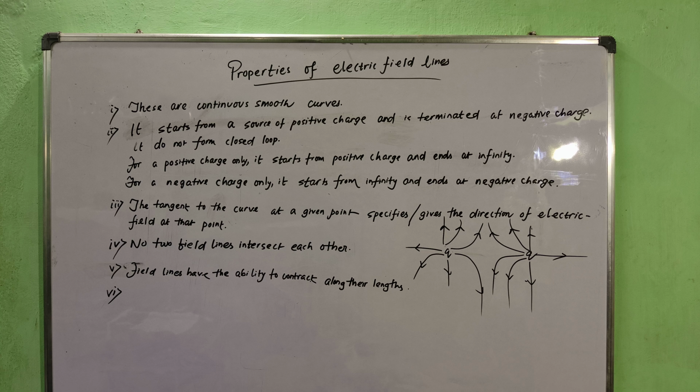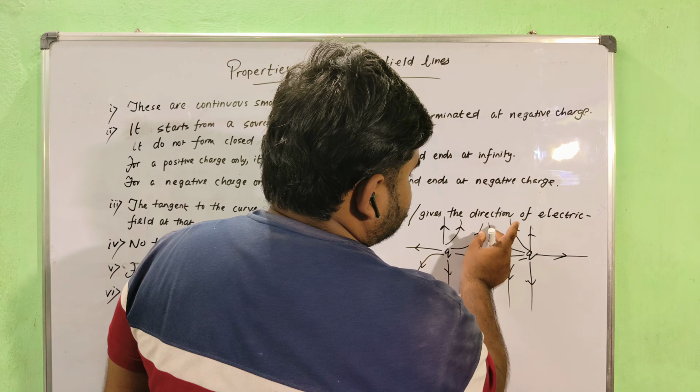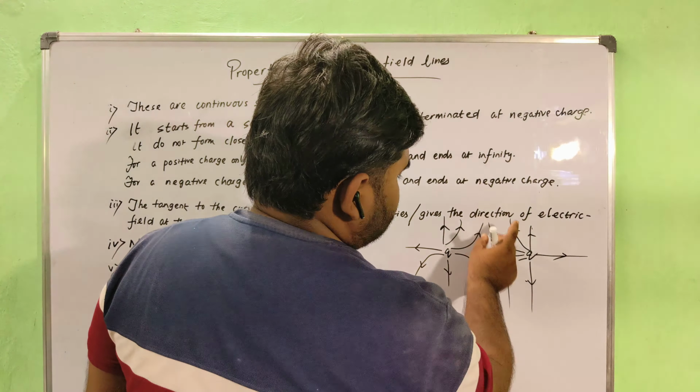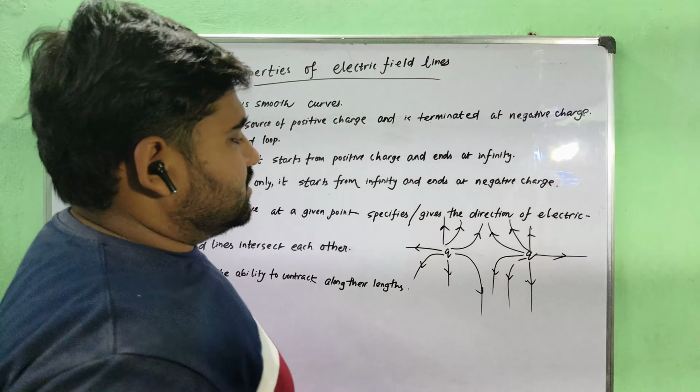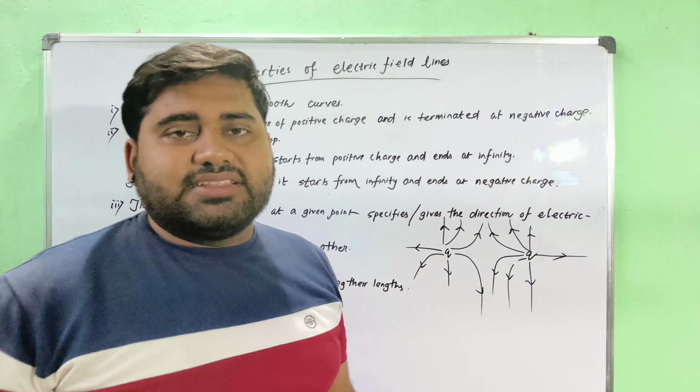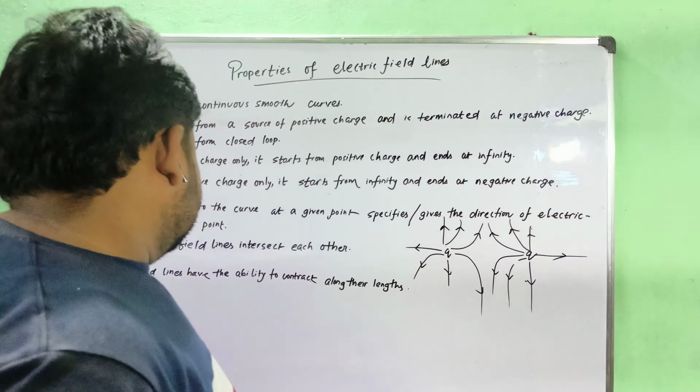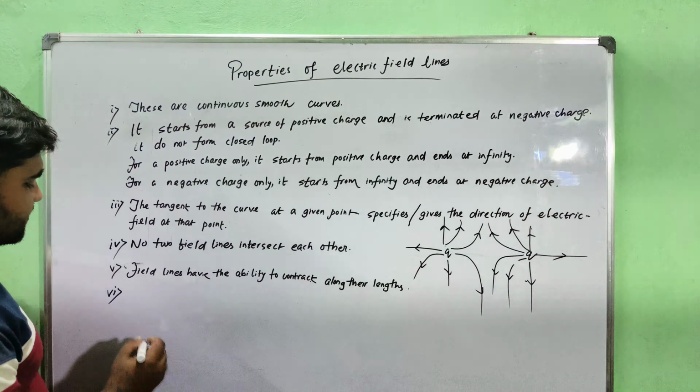If we bring this closer to this, they will expand laterally, or if we keep it that way, they will go far from each other. That means the distance between those two lines is increasing, they are just expanding themselves laterally.